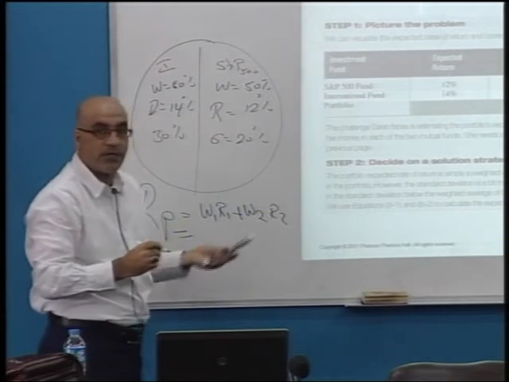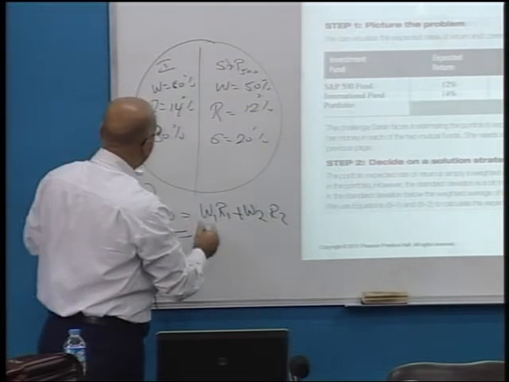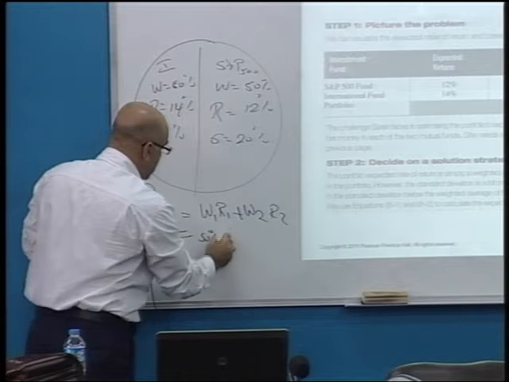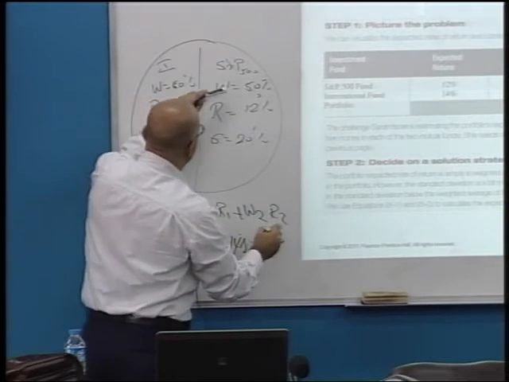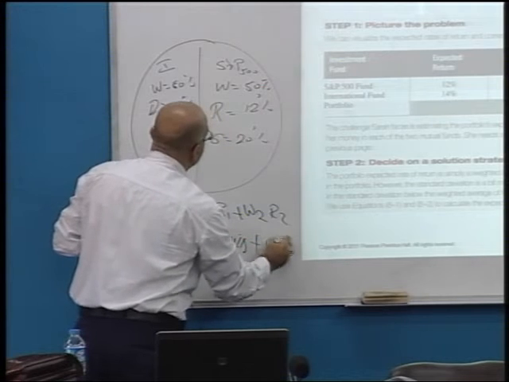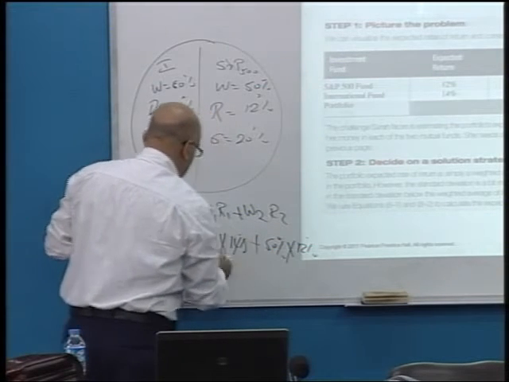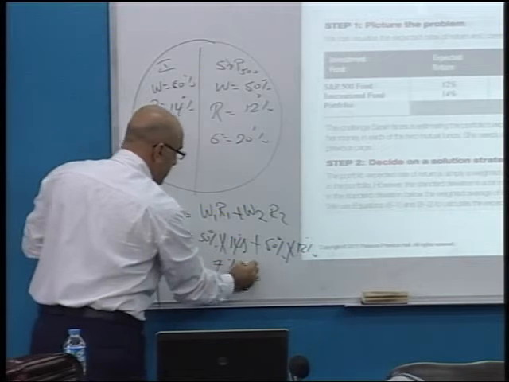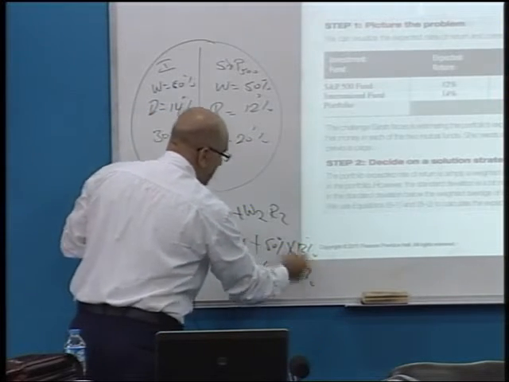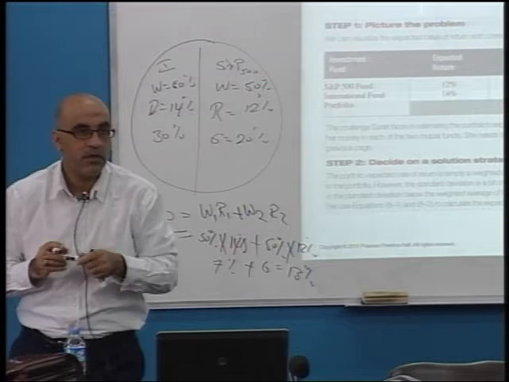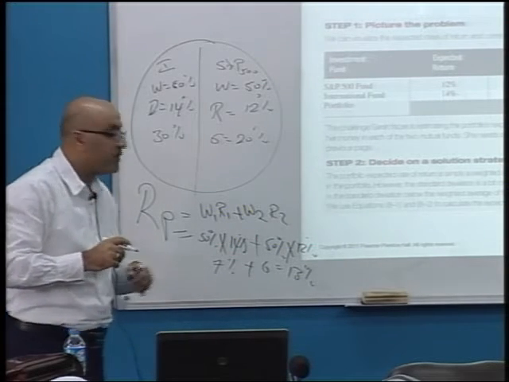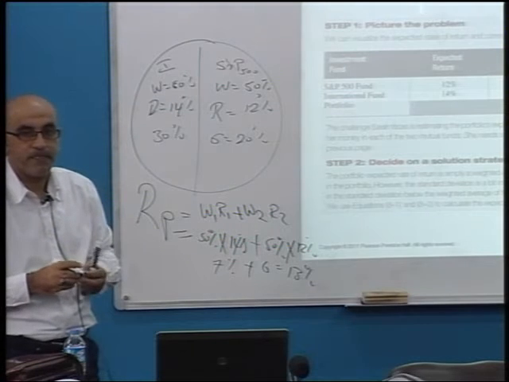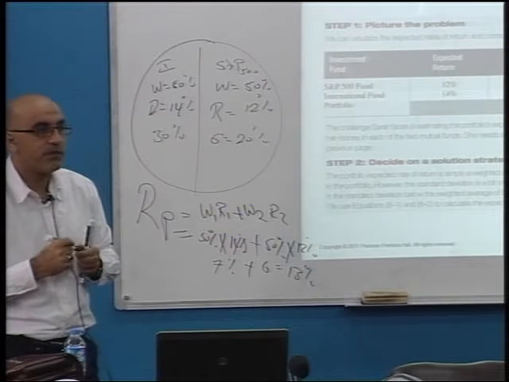So the weight for the international is 50% times 14% plus W2 here 50% times 12%. So here 7% plus 6, so we have 13%. So the answer for the return of the portfolio is equal to 13%. Okay, any question?